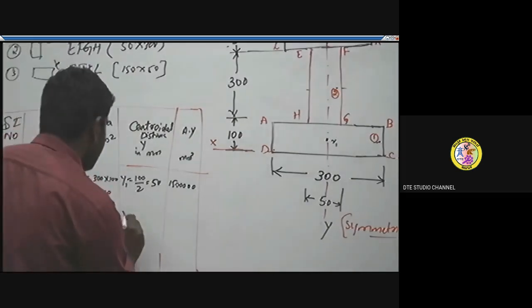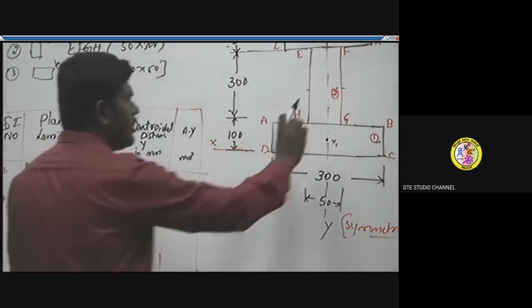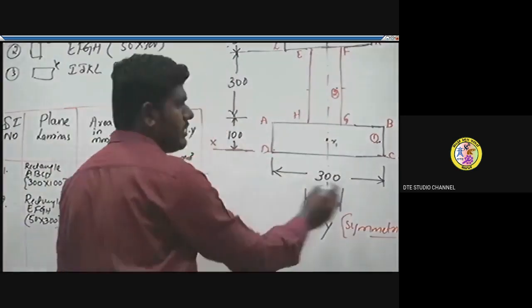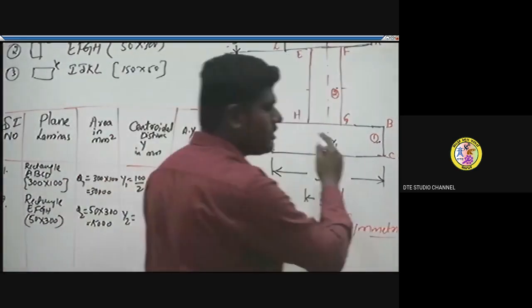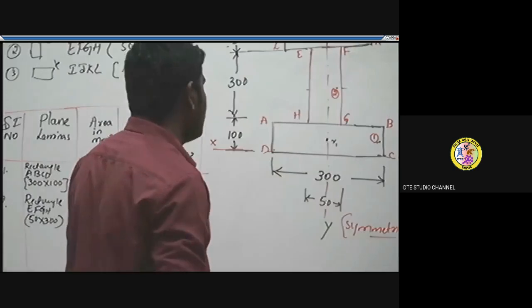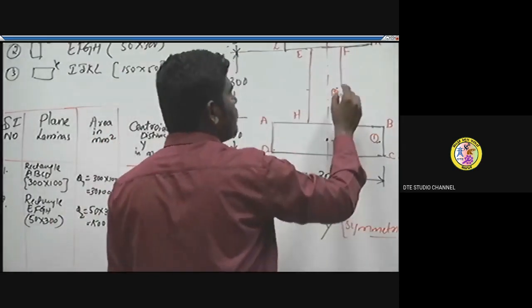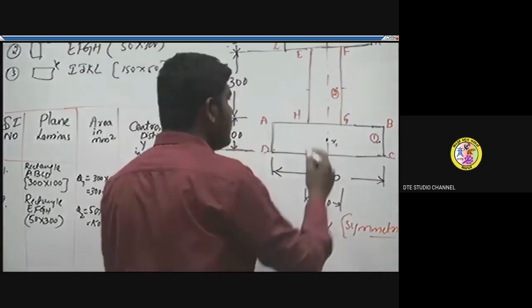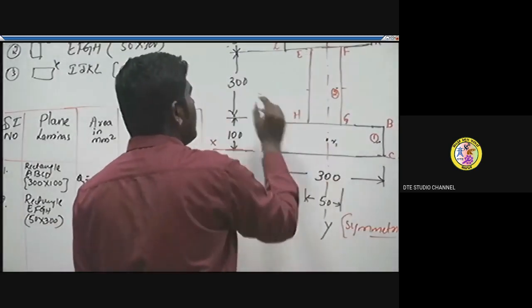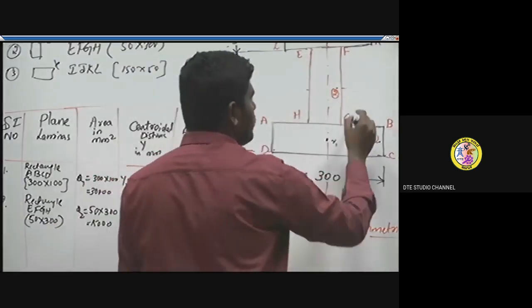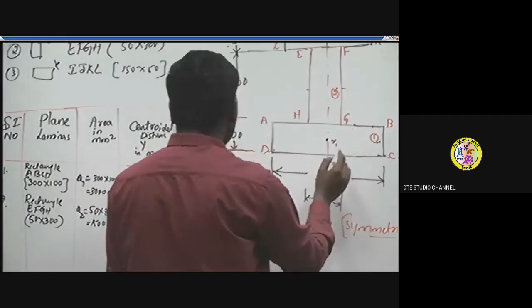Next, find the centroidal distance of this plane lamina about the reference axis XX, that is the bottommost line of the I section. For a rectangle, the centroidal distance will be half of its breadth, that is 300 by 2. From here to here you have 150, and from here to here you have 100.